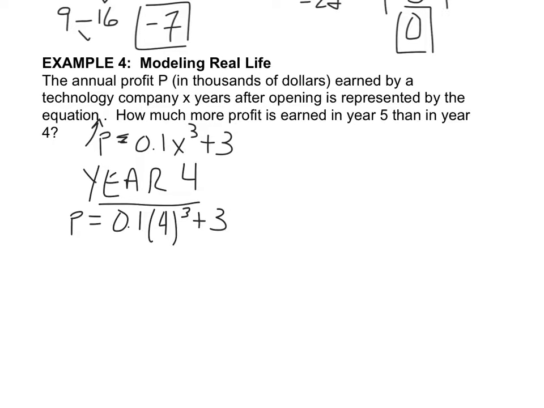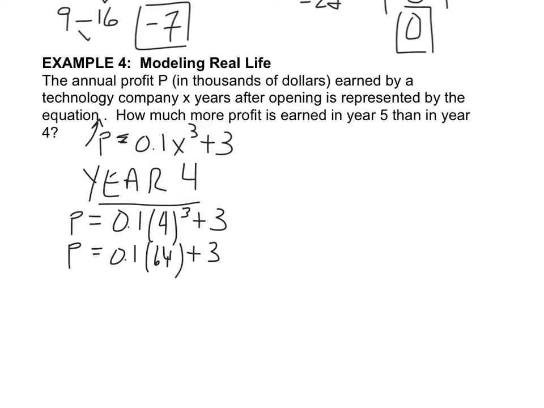So now with my order of operations, I can complete that side. The first thing I would focus on is the 4 to the 3rd. Remember, the 4 is going to get the 3 only because that 3 is hitting just the 4, not the 0.1. So the 0.1 is going to come down and wait for a minute. So what is 4 to the 3rd? Well, it's 4 times 4 times 4. 4 times 4 is 16. 16 times 4 is now 64. And then I would be adding 3.